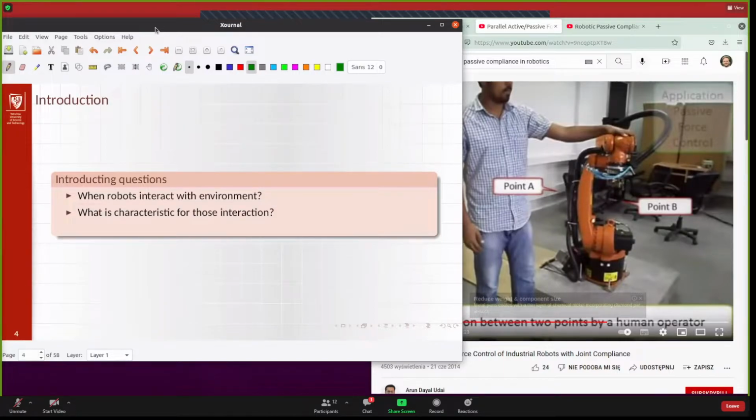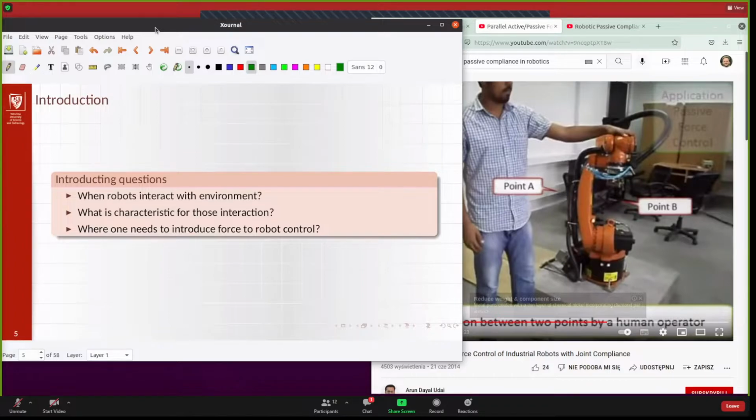Okay, so what are the characteristics of the interactions? In fact, we said intentional or non-intentional. We either are interested in the position, we can be also interested with applying certain force to the objects or not applying a certain force.